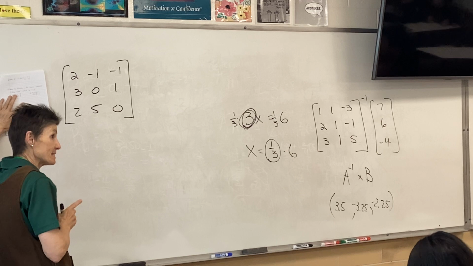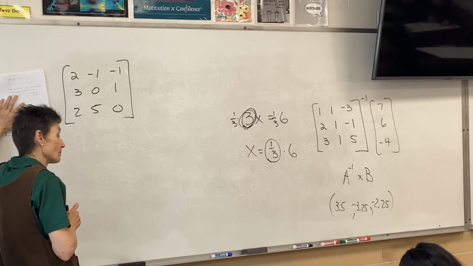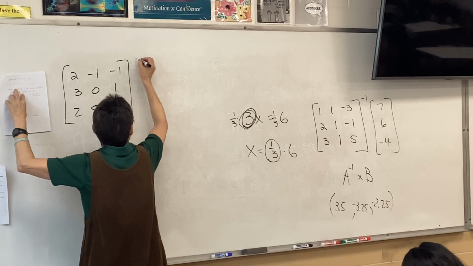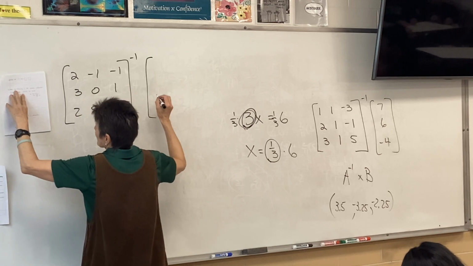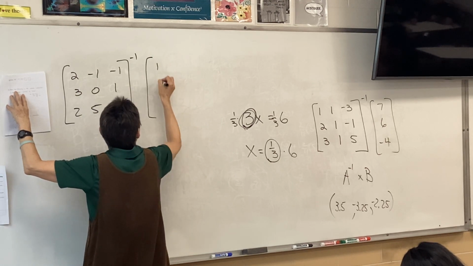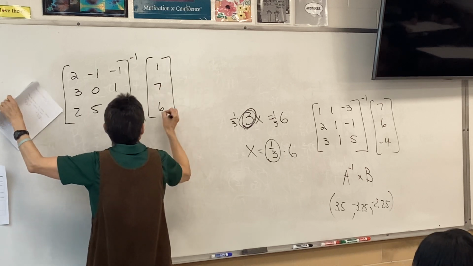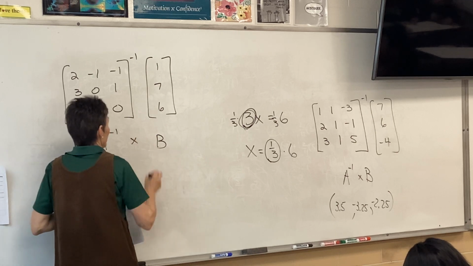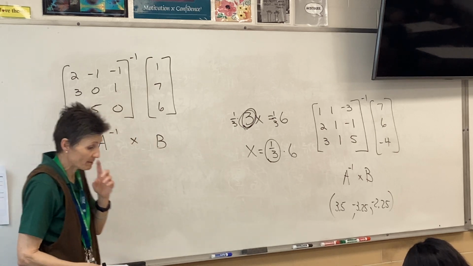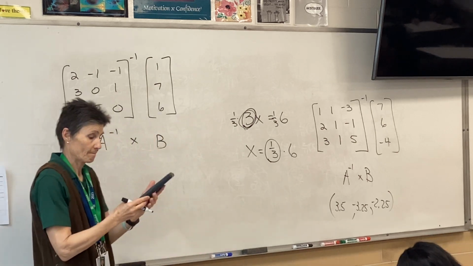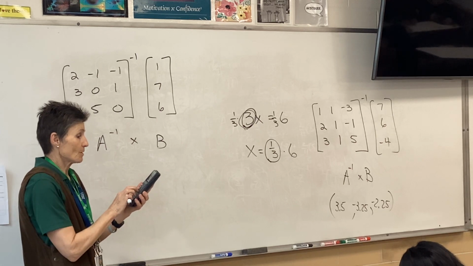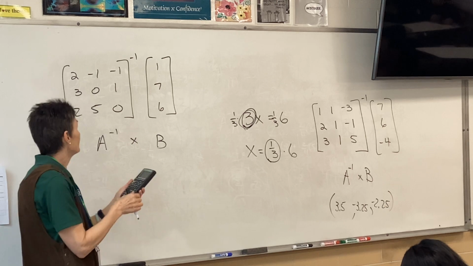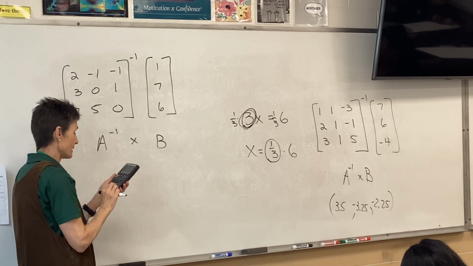That's X, Y, and Z. And then I'm also going to put in the matrix 1, 7, 6. I'm going to call this one A, and this one B, and I'm going to multiply A inverse times B. So second matrix, edit. A is a 3 by 3 again.